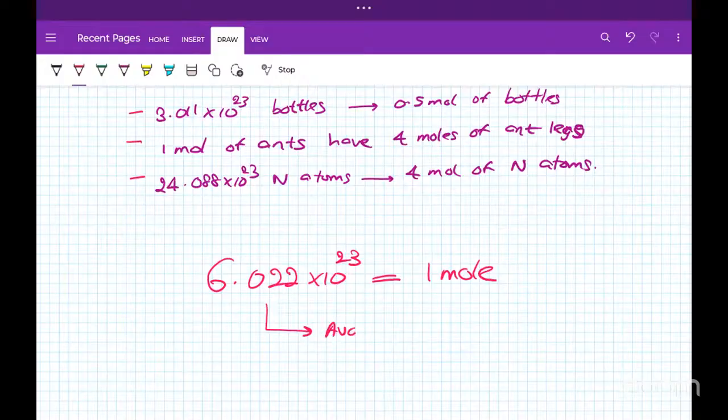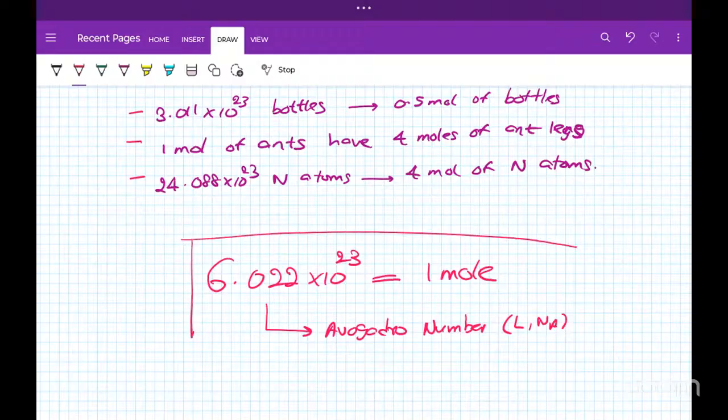This is the Avogadro number, denoted by L or N_A.